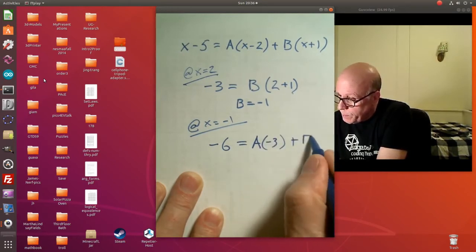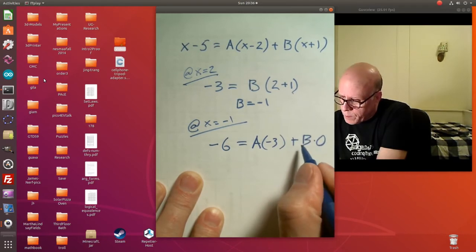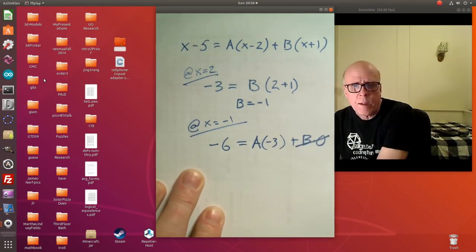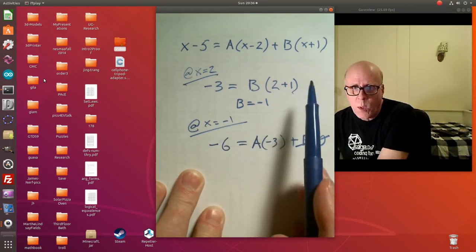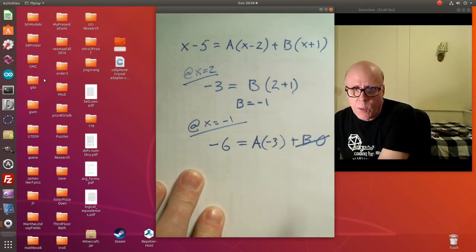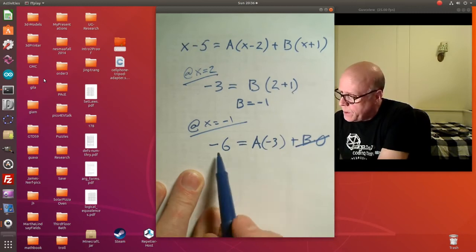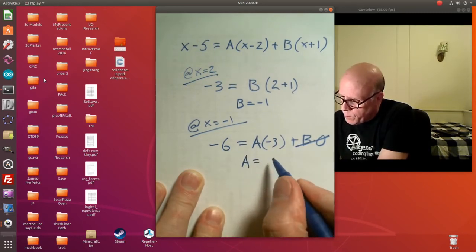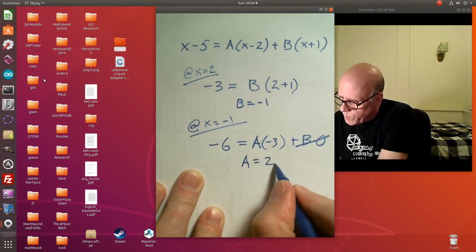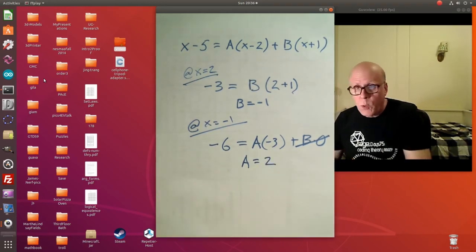And B times 0. I don't even know why I wrote that, right? The reason we were evaluating at x equals minus 1 was to make that 0, so that part would go away. And this gives us a value for the A variable. It's A equals 2. So that's pretty cool.